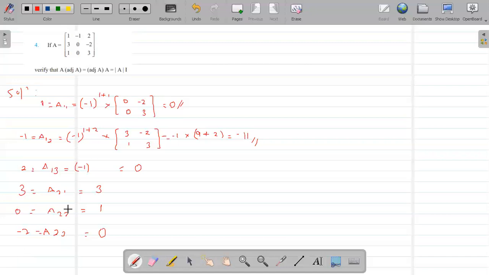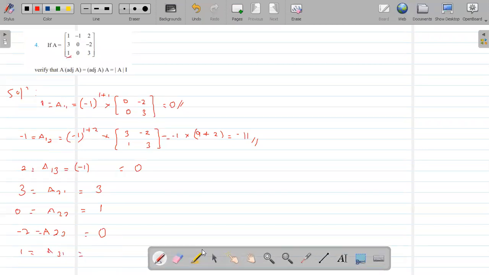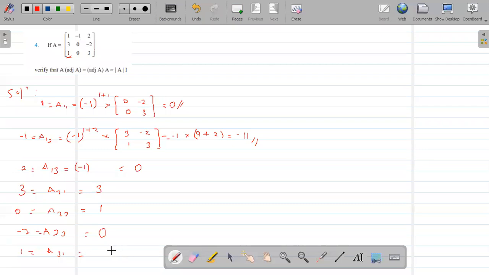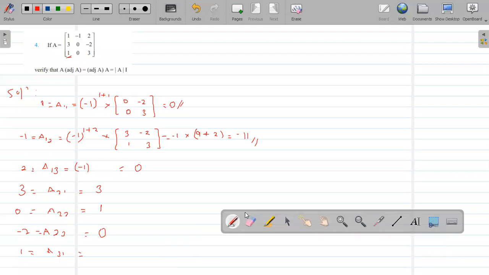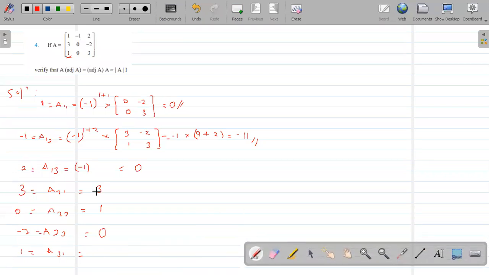Okay. Now next part is +1. थर्ड रो, फर्स्ट कॉलम. उसका क्या आएगा? थर्ड रो कितना है? -2. -2.